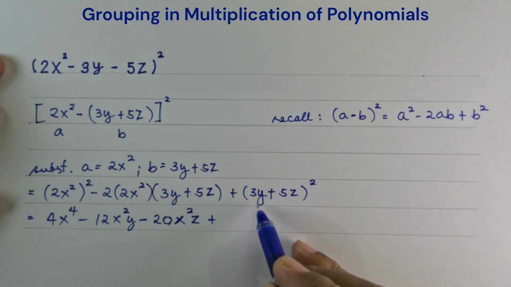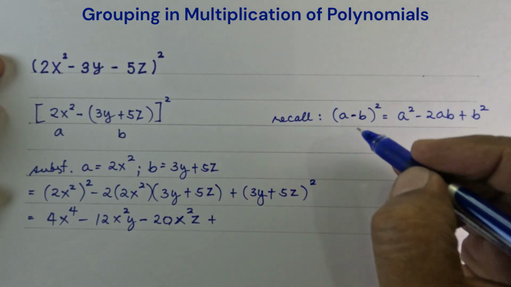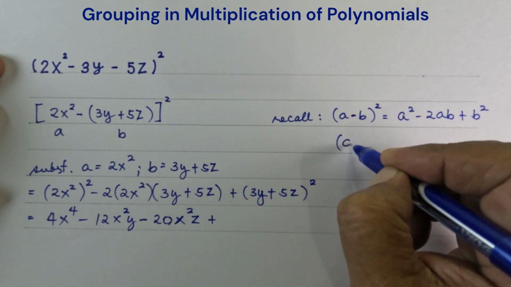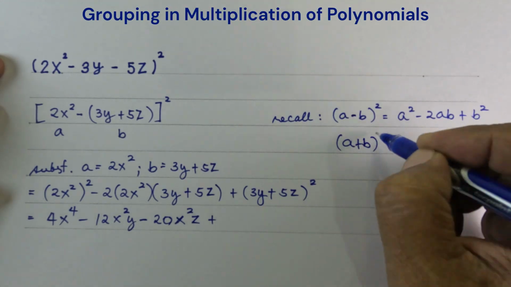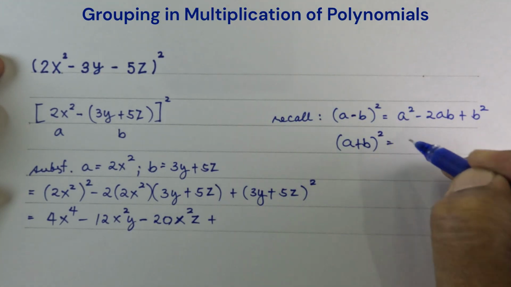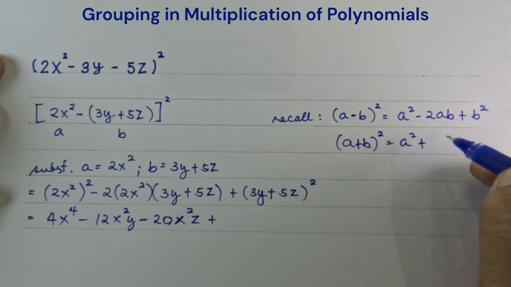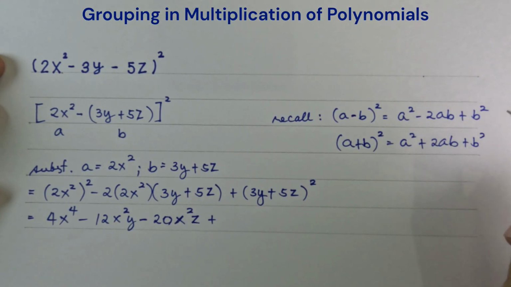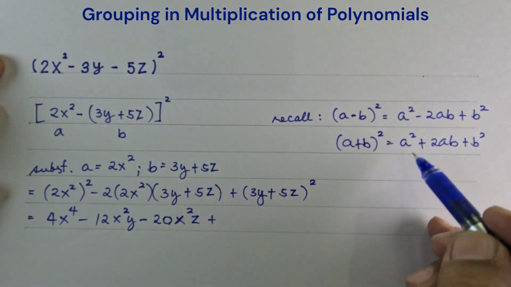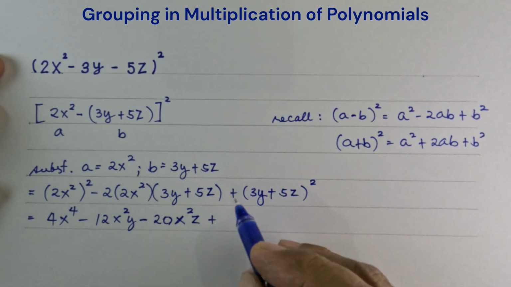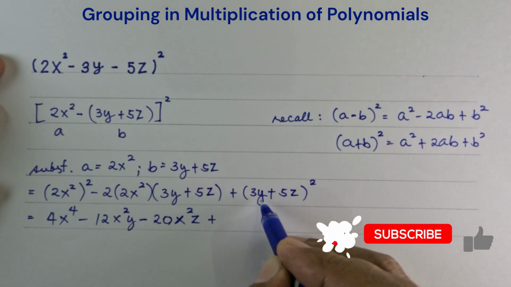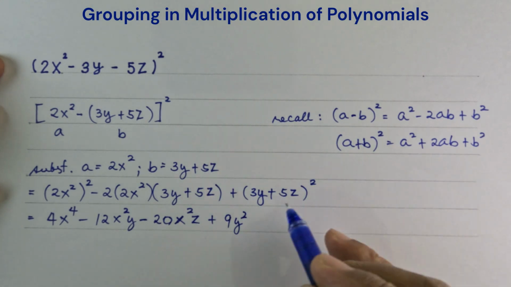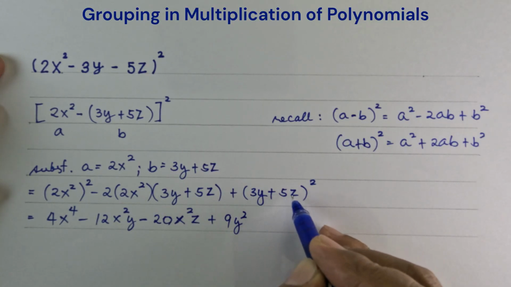this one, the square of a binomial, only it is the sum. So we could write the general formula here. That's (A plus B) raised to the second power is equal to A squared plus 2AB plus B squared. So it's the square of the sum of two numbers. So that's the square of the first term, so that's 9y squared, plus twice the product of the first and last term.